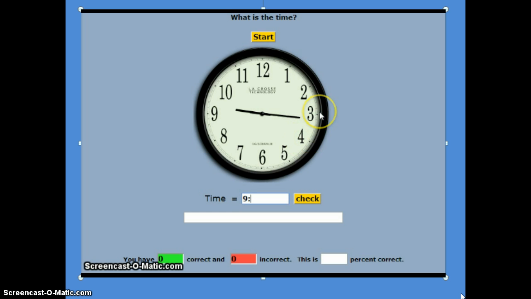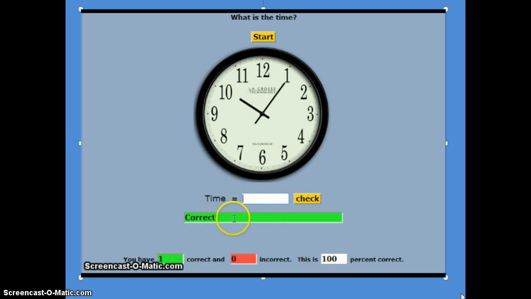If I count by 5s from the top, I know that this is 5, 10, 15, 20. So my minutes have to be between 15 and 20. I'm going to start at the 15 and move slowly and count 15, 16, which is about where this minute hand is pointing. So let's try that. 9:16. Now let's check. That is correct.